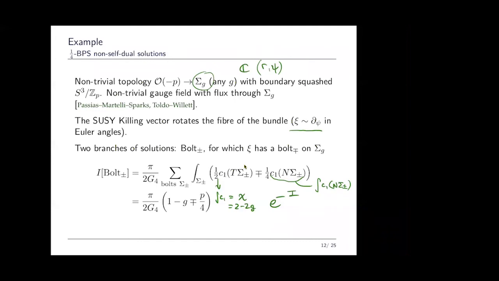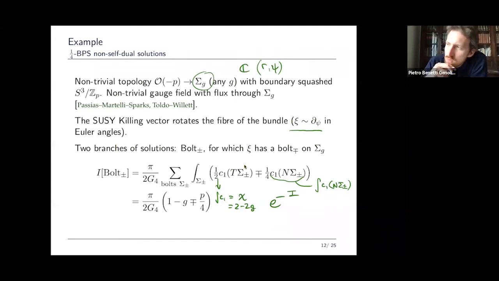Yes, so you wouldn't just be able to do it from the on-shell action. You would need something more. The on-shell action allows you to compare with the field theory, because it's related to the field theory partition function. However, saying whether it's thermal is a more non-trivial thing to check.